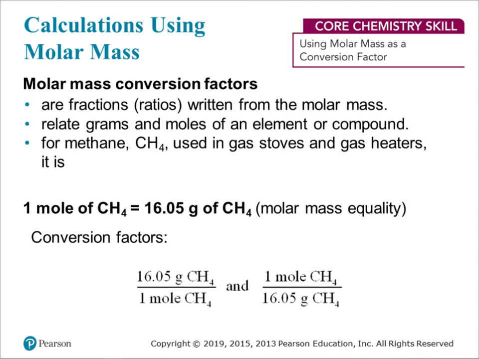For this, we're going to take that molar mass and we're going to write an equality. 1 mole of something is equal to its molar mass in grams. So that's going to be the conversion factor. The molar mass, you calculate.